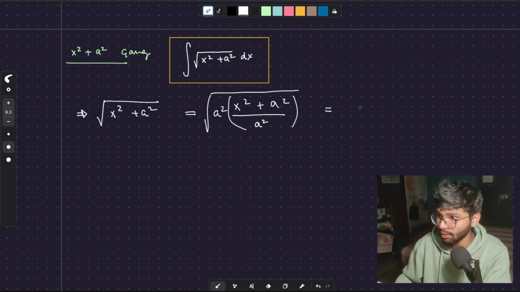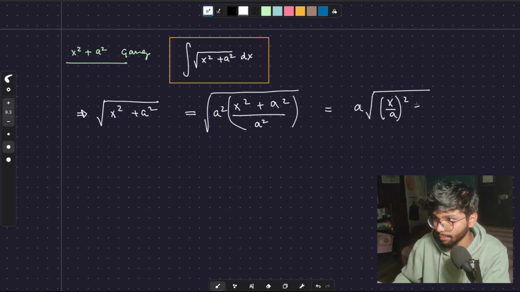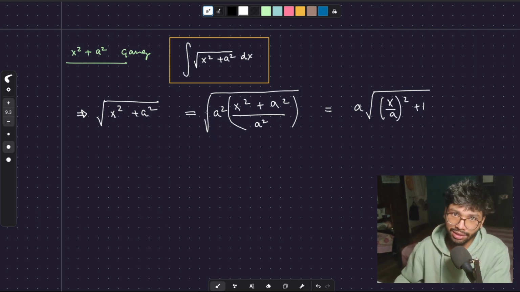That is equal to, we can bring this thing out, because the square root of a squared is a. And we've got x over a squared plus 1, the same thing that we had in the previous integral. Now we can put on the integral signs.